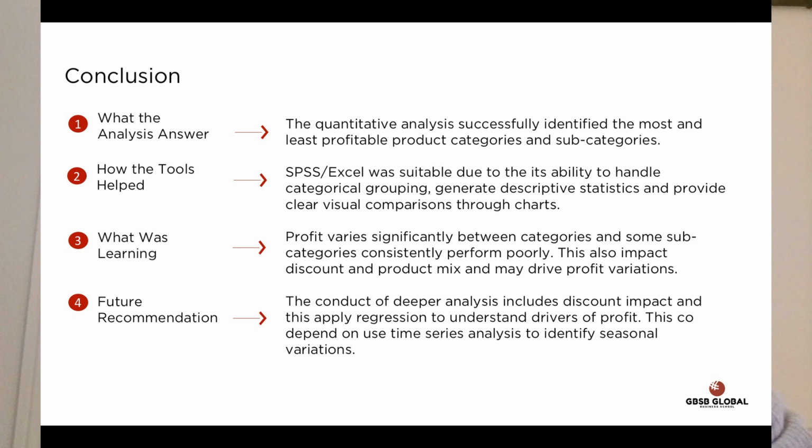SPSS supported this process by providing structured tables and visualizations that highlighted the key performances. However, I think Excel does a better job in the visualization, so it was exported to Excel. Overall, the analytics demonstrates how relatively simple quantitative tools can support data-driven decision-making in a retail environment.